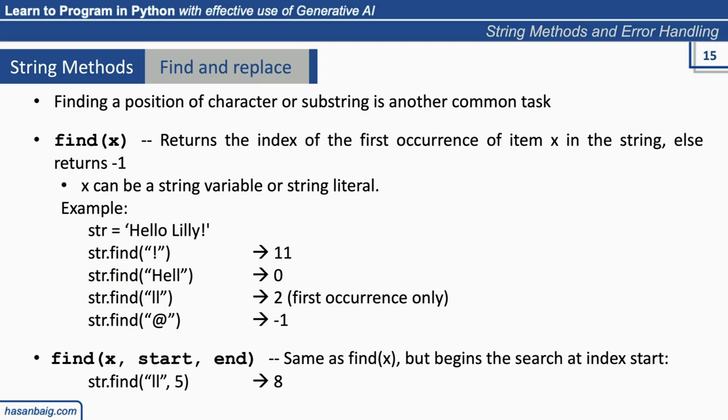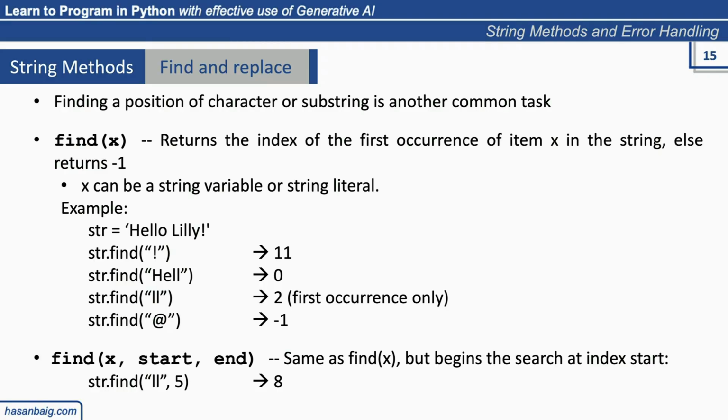Yep. So for example, if I look for the entire word hello, so if I replace double L with hello and it starts looking from 5, what will I get? It will return -1. Okay? So again, I'm looking for hello, which appears to be present in this string, but I specify to start searching from index number 5.